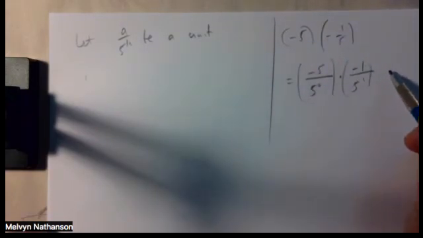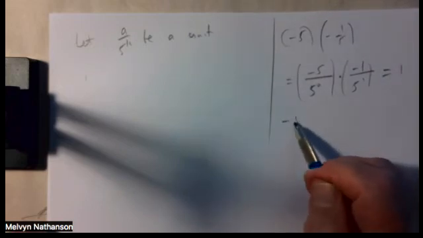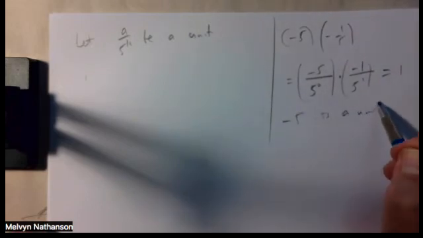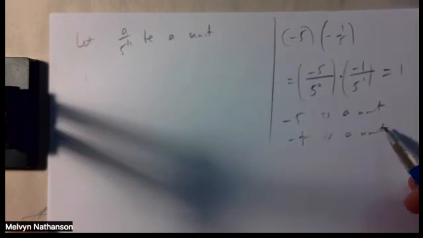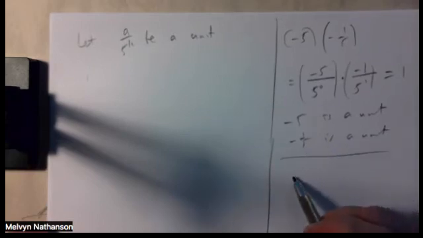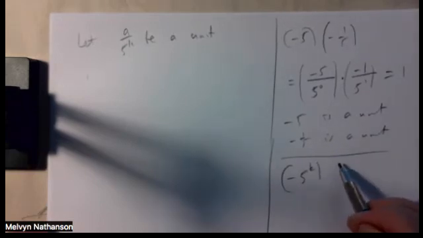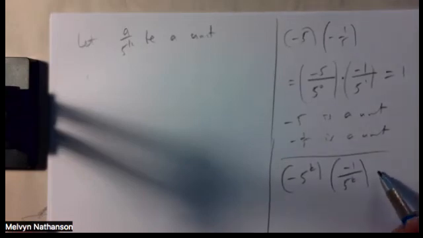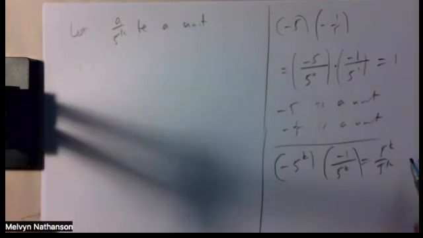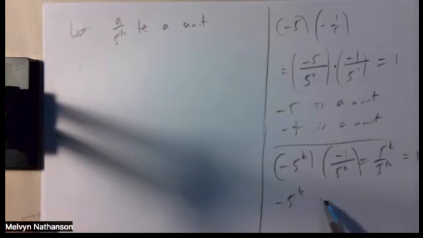But minus 5 times minus 1/5 is 1. So minus 5 is a unit. And minus 1/5 is a unit. And in general, if I take minus 5 to the k, and I multiply it by minus 1 over 5 to the k, the minuses cancel. I get 5 to the k over 5 to the k, which is 1. So minus 5 to the k is a unit for all integers k.